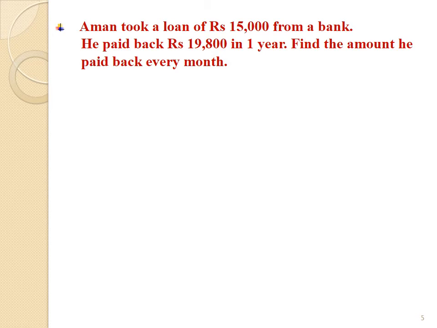We have to find out the amount paid back by Aman in every month, that is, each month or per month or 1 month. And we have been given the amount paid back by Aman in 1 year. So let's find out the amount paid back in 1 month by writing the statement and cross multiplying it. So now let's solve sum number 4.